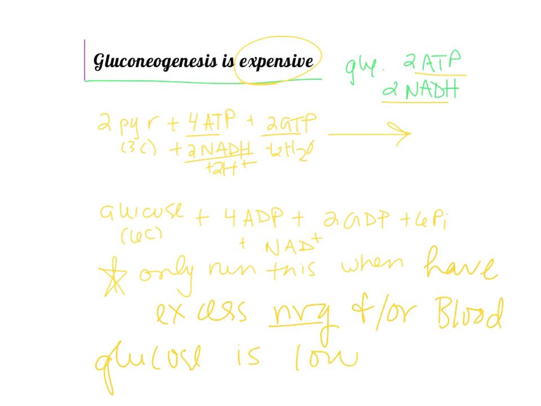Gluconeogenesis is not the exact opposite of glycolysis. It couldn't possibly be, but it will get you back from pyruvate to glucose.